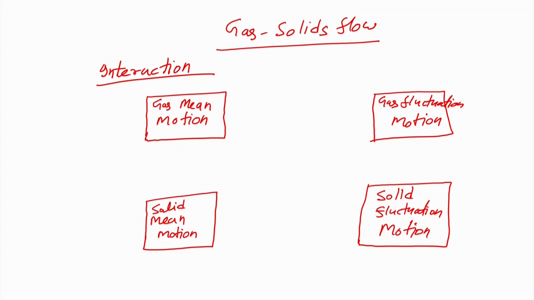So these are the four motions. Gas has its own mean velocity and its fluctuating velocity, and solid will also have its mean velocity and its fluctuating velocity. Now, what are they going to do?